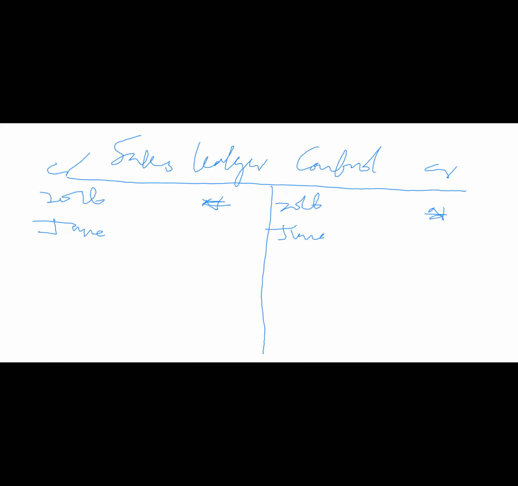So we have sales ledger balances. That sales ledger balance is called the balance BF. Are you following what I'm saying? That is balance BF of 4,702.